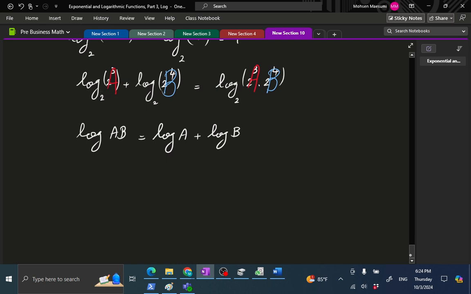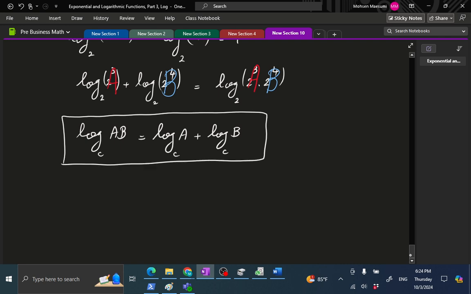Nothing special about base 2 either. It can be any base. So just to avoid collision with this B that I have here, maybe I use the letter C. Logarithm of a product is the sum of the logarithms.